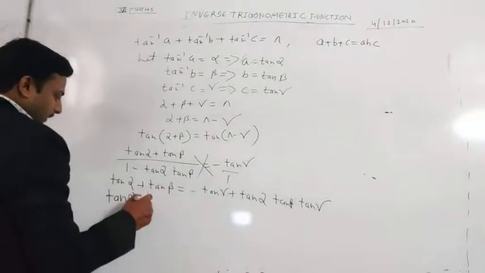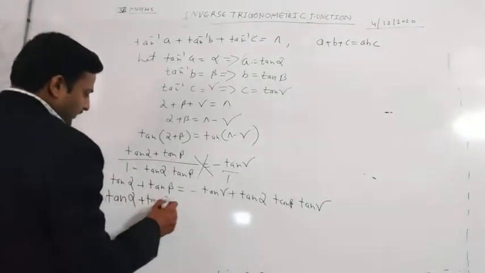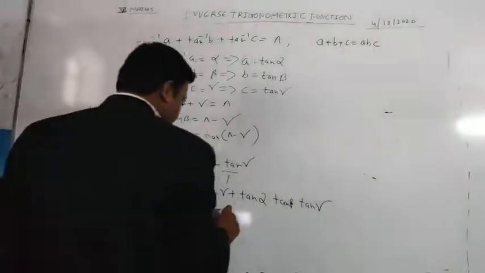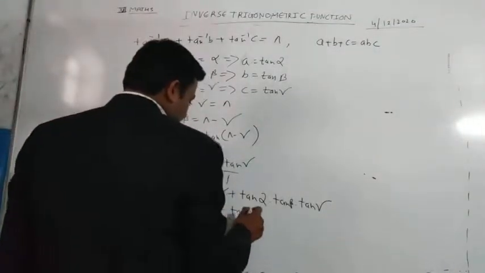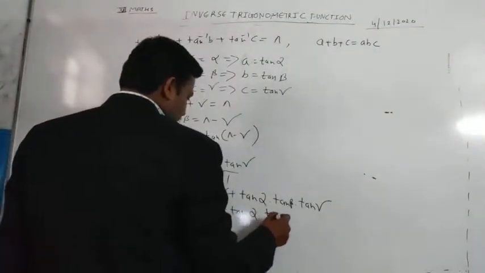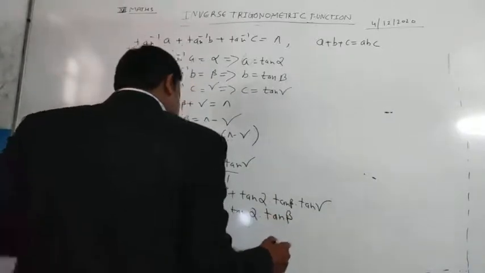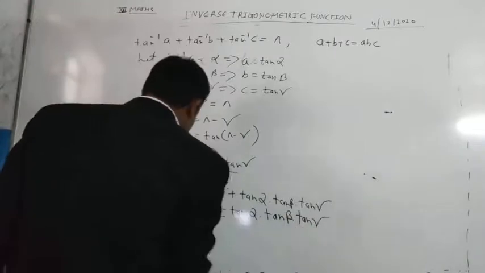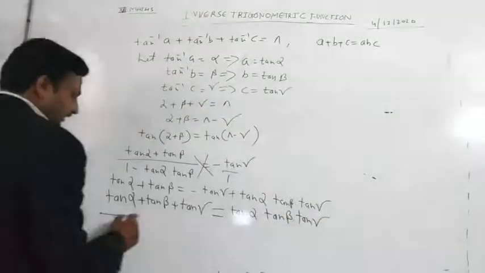Tan alpha plus tan beta plus tan gamma is equal to tan alpha into tan beta into tan gamma.